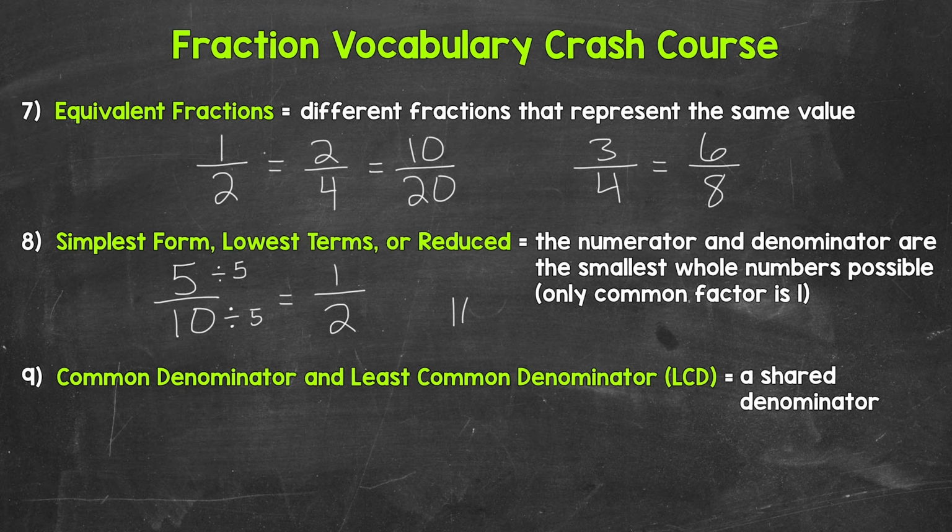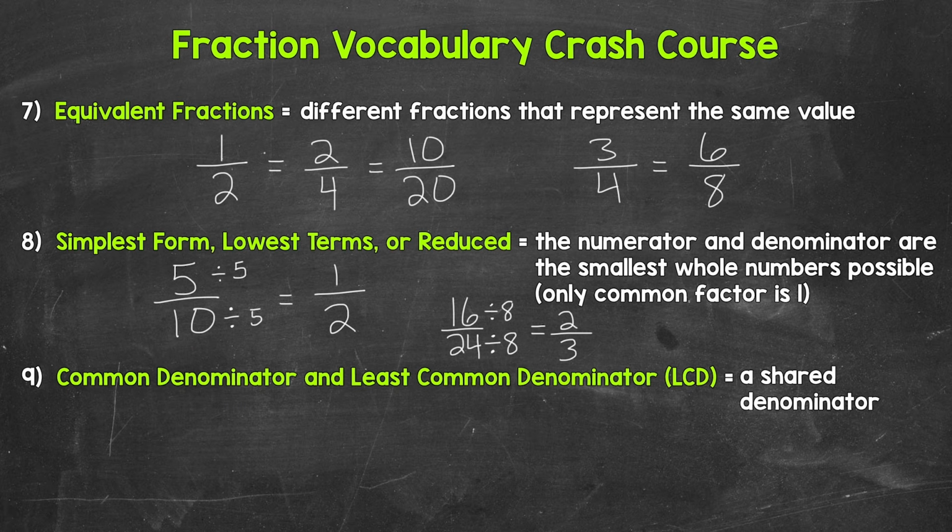Another example, let me squeeze it in down here. 16/24. One way to simplify this, we have a common factor of 8 we can divide both by. So let's divide 16 by 8 and 24 by 8. 16 divided by 8 gives us 2, and 24 divided by 8 gives us 3.